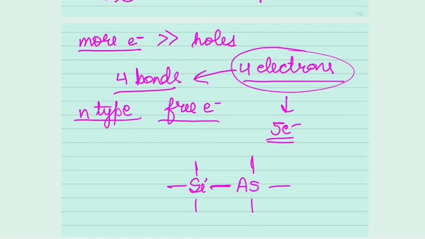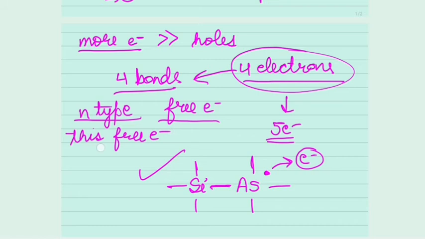These are 4 bonds and there will be one extra electron between the impurity and the semiconductor atoms. Now this free electron which is present will contribute to the current.